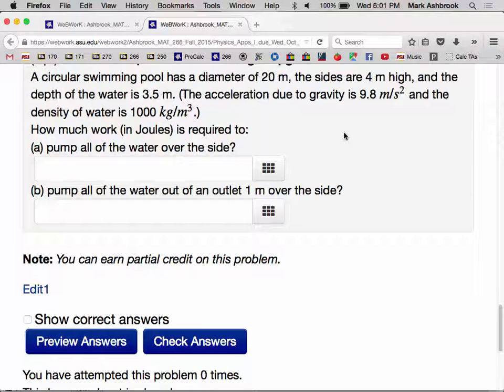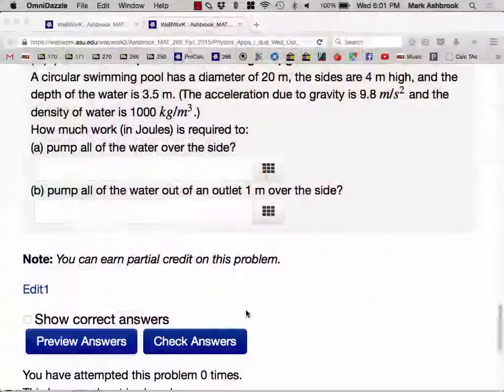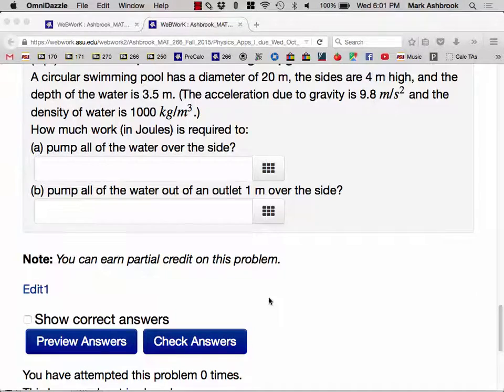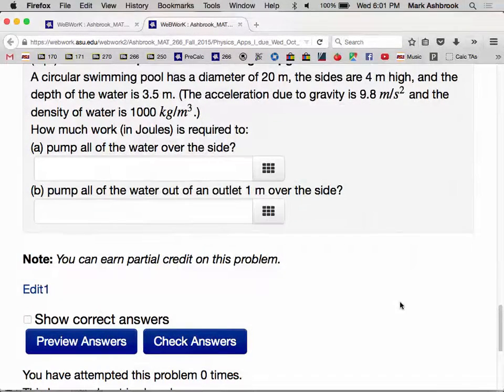Okay, so here's the deal. Whenever you're doing work, how do we calculate an amount of work? Well, that's generally correct, but work is going to be the sum of little bits of work, right?